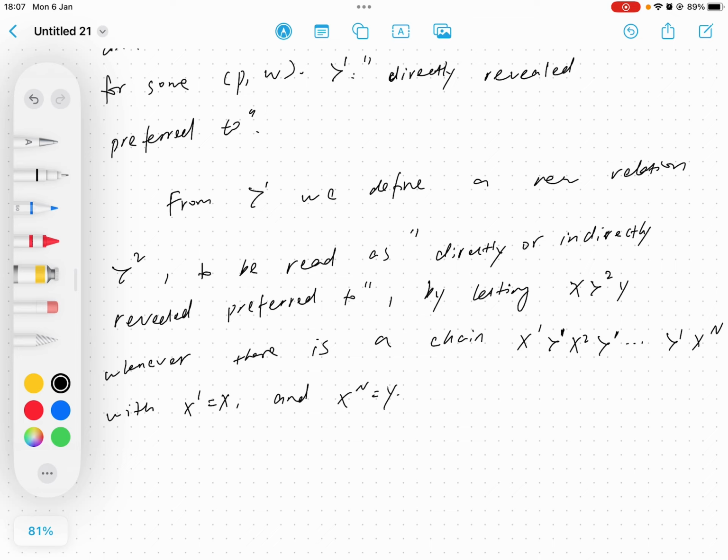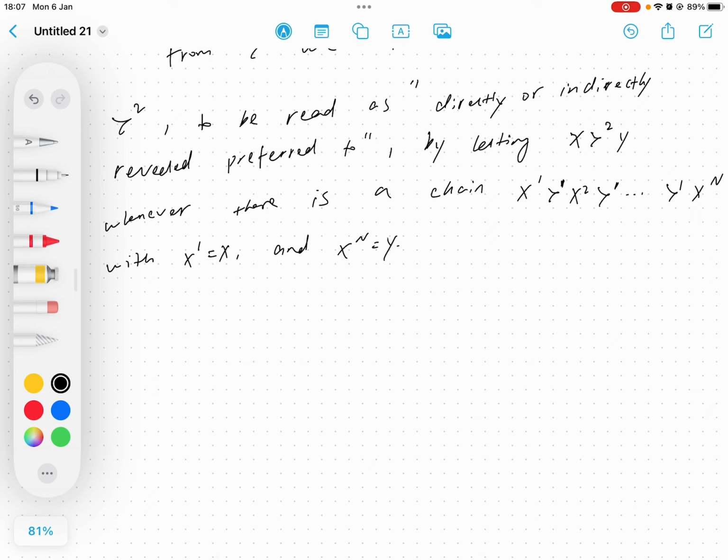Okay. So the next thing we're going to observe is that by construction, as we simply use transitivity to construct the second one, the second one has to be transitive.